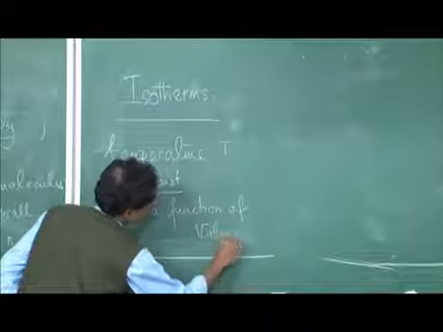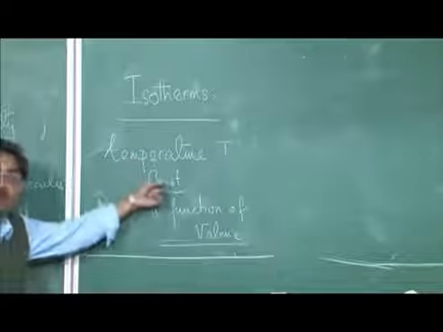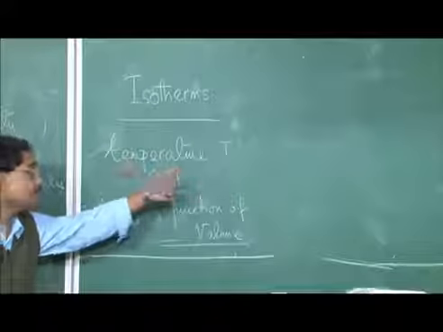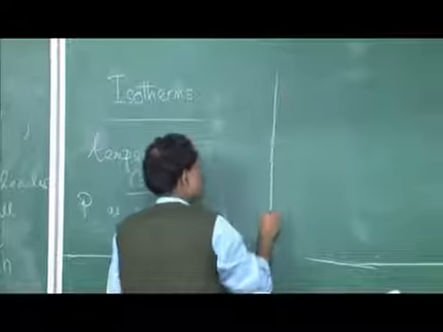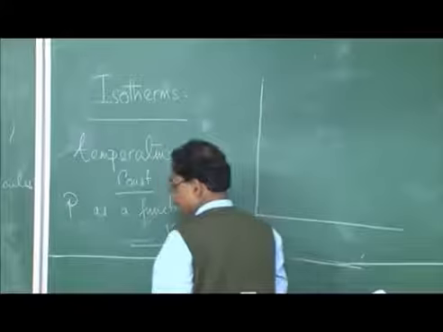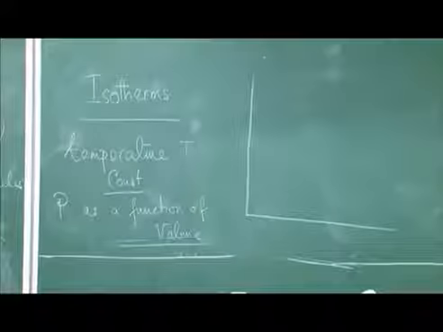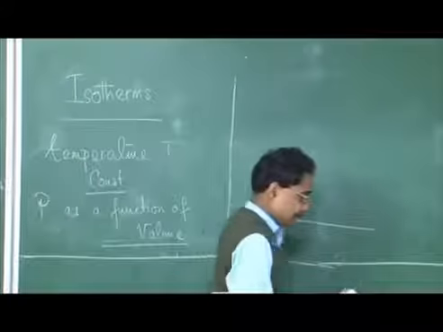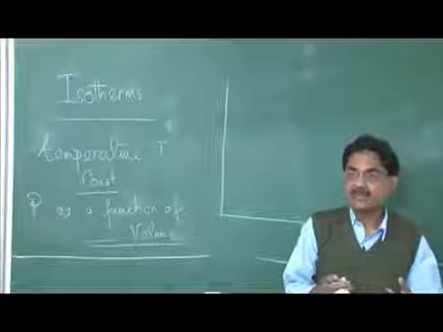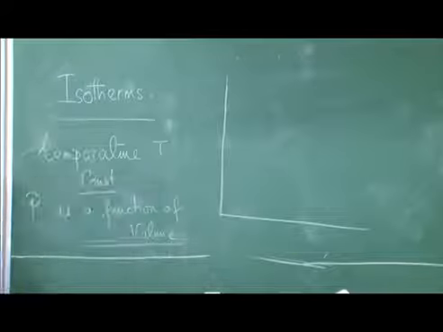These are called isotherms. You plot it for different constant temperatures. Now, let me plot van der Waals isotherms and let us see how it can talk about liquid-gas transition, and secondly how it talks about the critical temperature which I am going to tell you now.